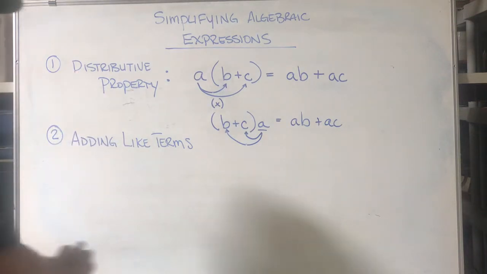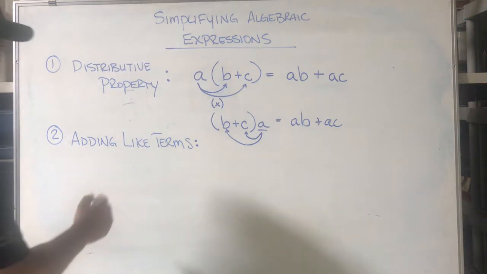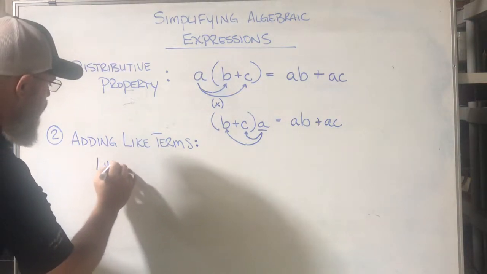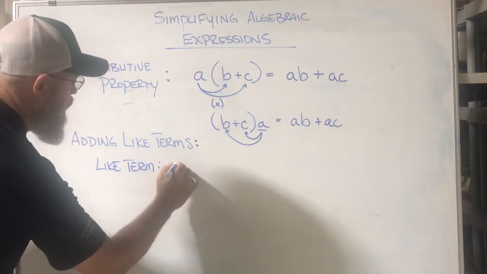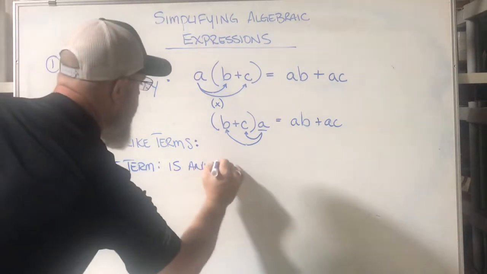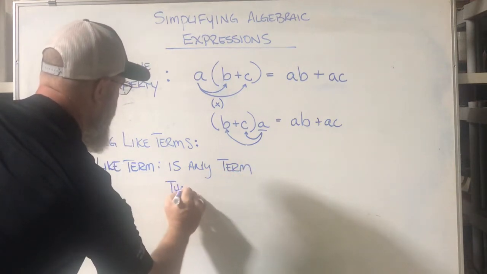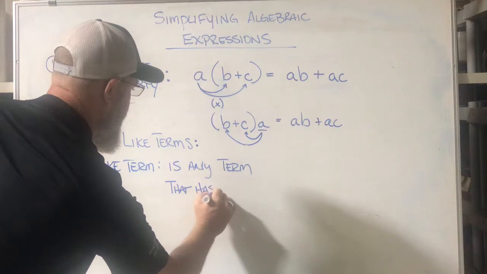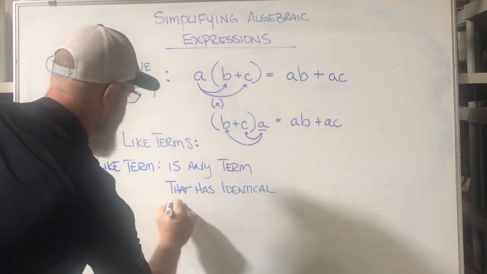All right? What is adding like terms? Well, the first thing we need to know is what is a like term. A like term is any term that has identical variables.